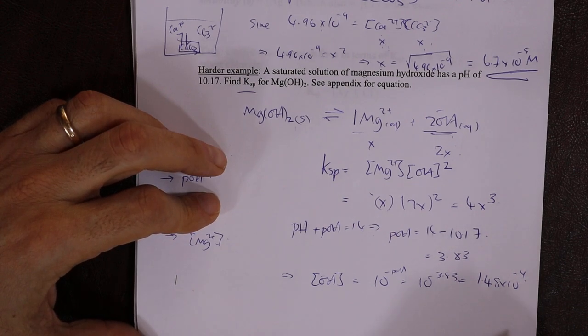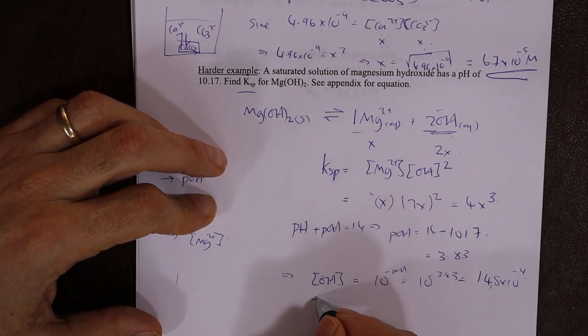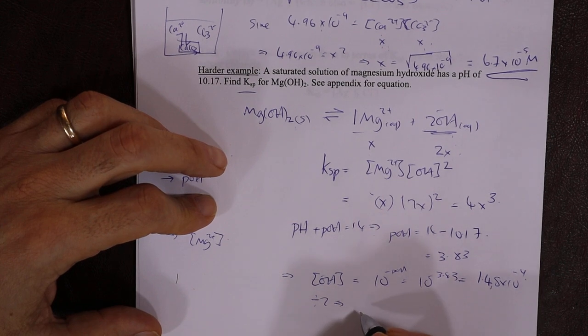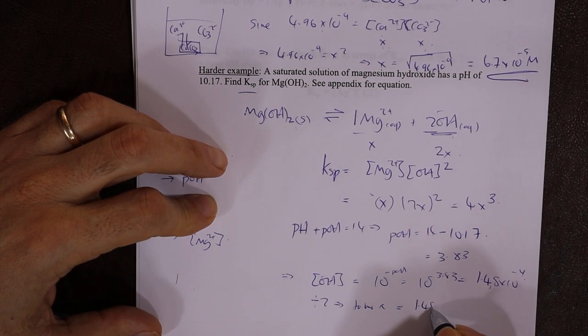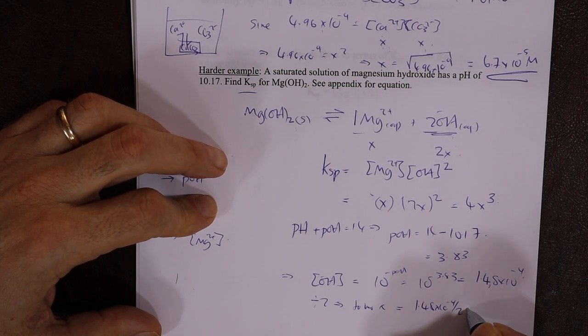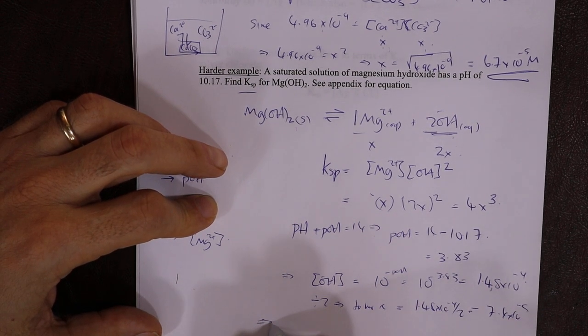So that's OH minus ion concentration, divide by 2, therefore, to find X, which equals 1.48 times 10 to the minus 4 over 2, 7.4 times 10 to the minus 5.